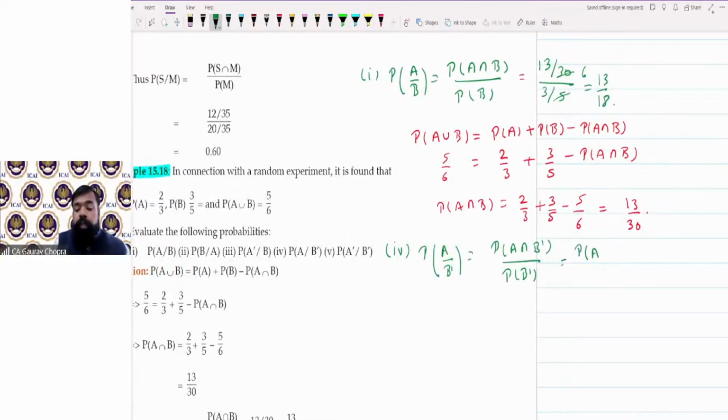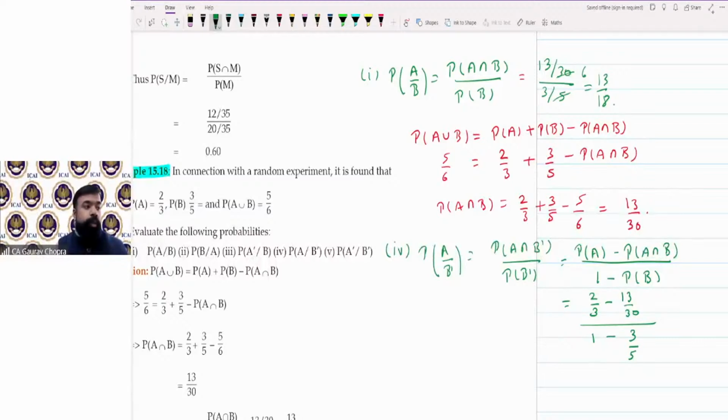It will be PA minus P of A intersection B upon PB dash, so we can write 1 minus PB. So what is PA? It is 2 by 3 minus the intersection 13 by 30, upon 1 minus PB. PB is how much? 3 by 5. So 1 minus 3 by 5. So you can simplify this and we will get the answer.